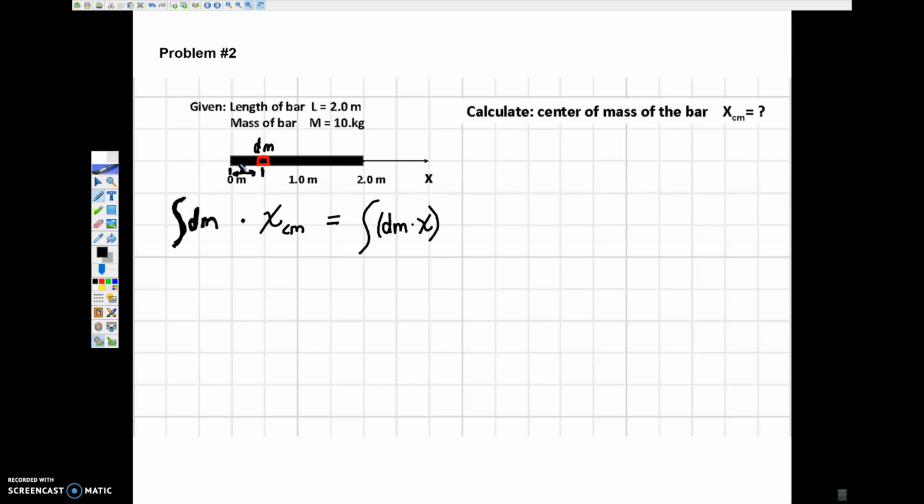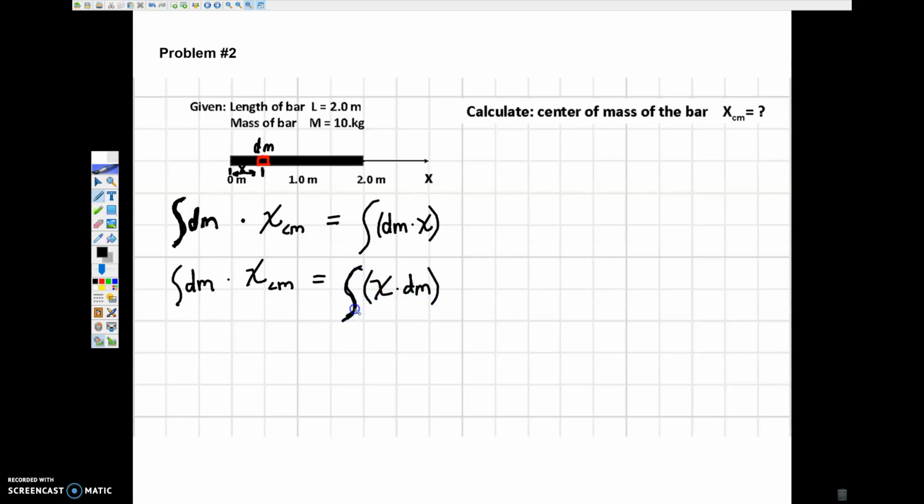That would be the x-coordinate. But usually we don't write dm times x in parentheses like this. Usually it's written the integral of dm x center of mass equals the integral of x times dm, like this.